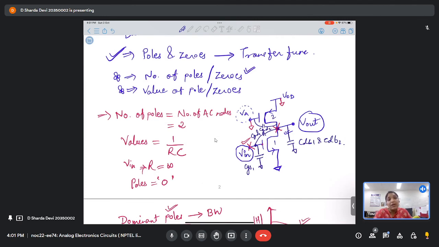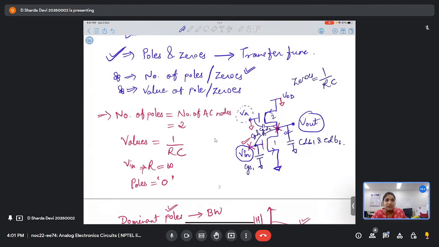And what will be the value of that zero? It is again 1 by RC only. Whether it be a pole or a zero, it will always be 1 by R. You will calculate the zero from 1 by R only. But which R will we consider?